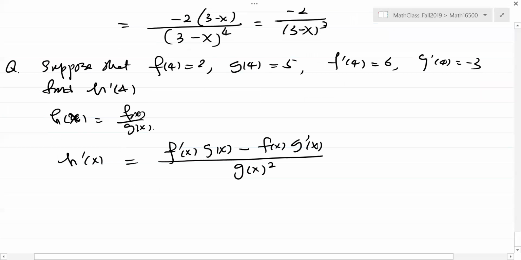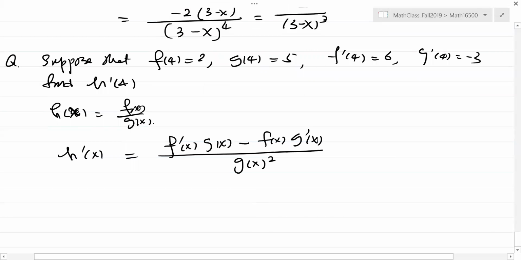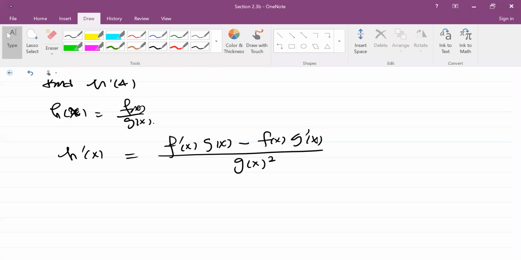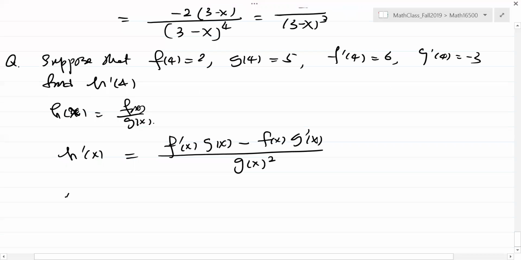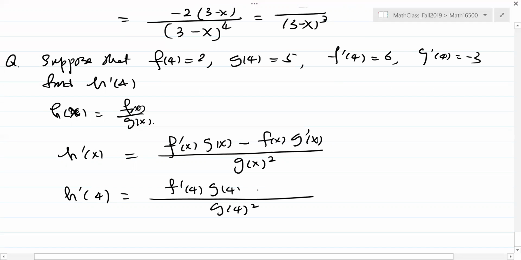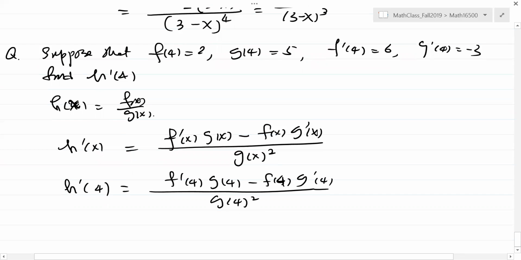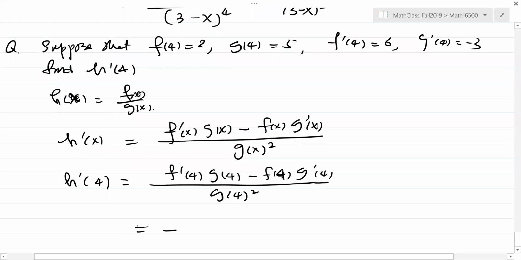Okay. So this is a formula from the quotient rule, right? So then you plug 4 for x, you get g of 4 squared, f prime of 4 times g of 4, minus f of 4 times g prime of 4. Okay, then you are given all the data above.